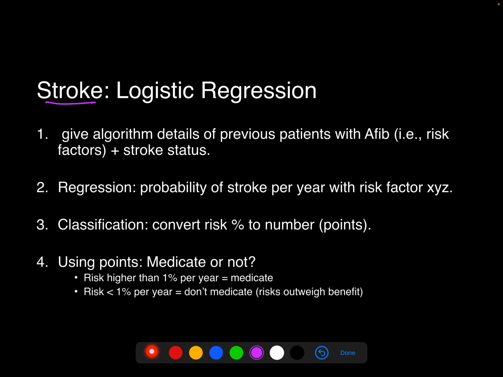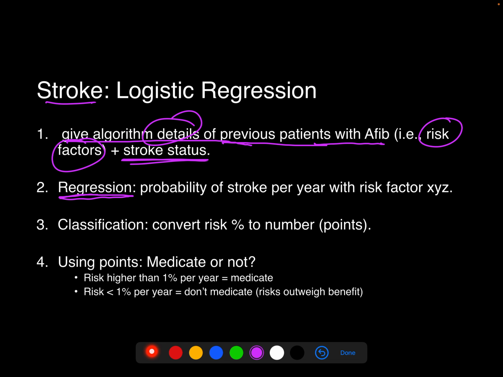First, again, you would give the algorithm details of many hundreds of thousands of previous patients with atrial fibrillation. And by details, we mean their risk factors. And you would also give the algorithm whether or not those previous patients ended up having a stroke or not. Then the algorithm would run regression.